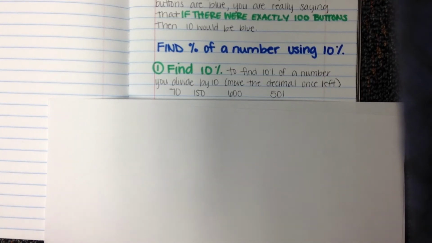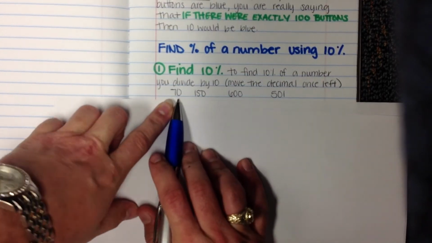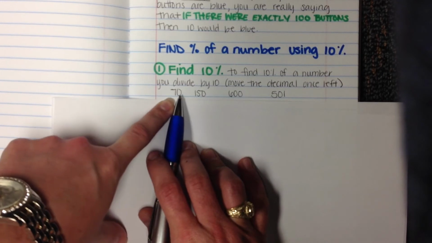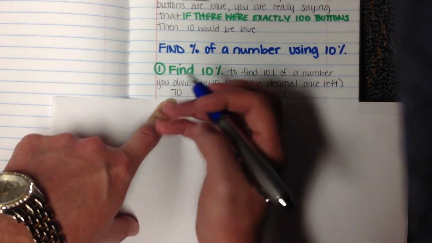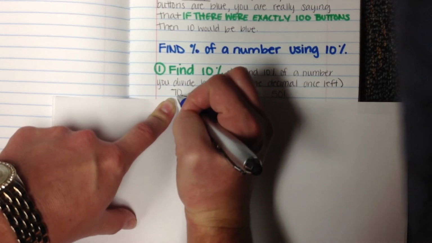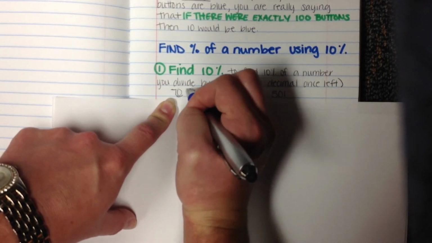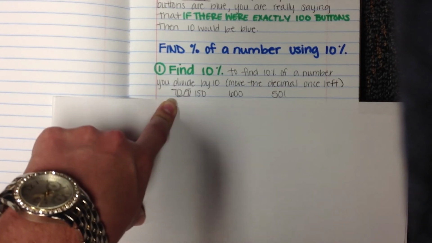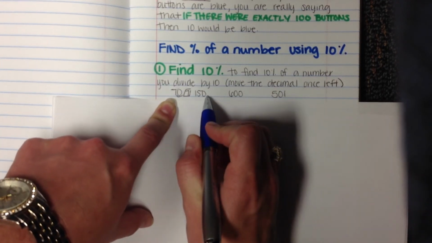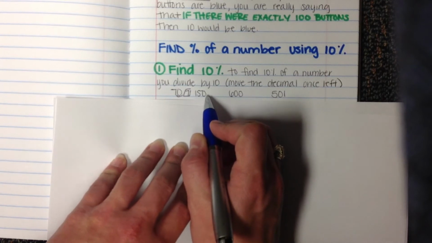So percent is in the perfect world, but what if there are 70 buttons? Say there are 70 buttons and 10% are blue. Well, I'm going to divide by 10. If there are 70 buttons, 7 of them are blue. 10% of 70 is 7. If there are 150, I move the decimal one time.